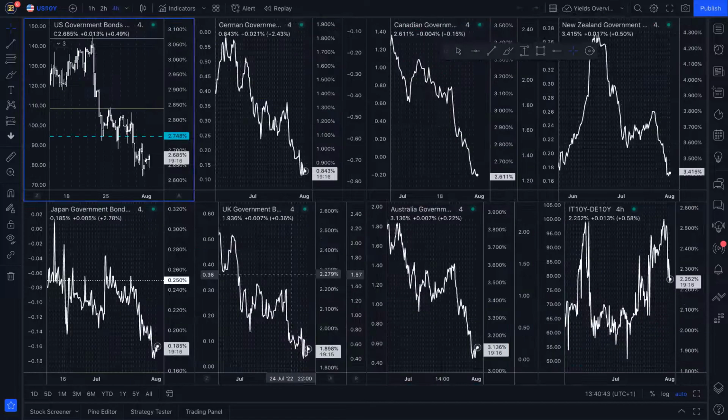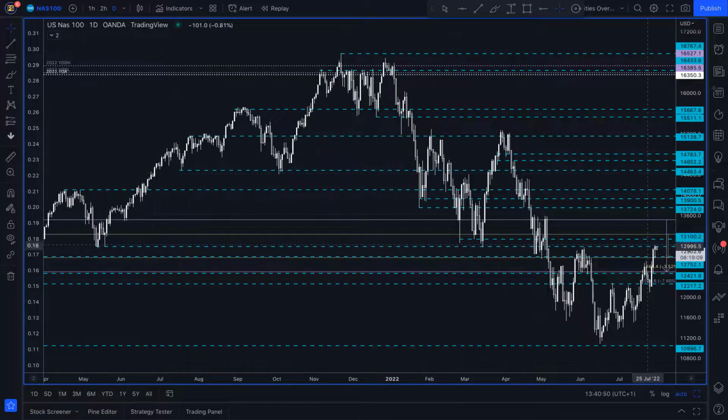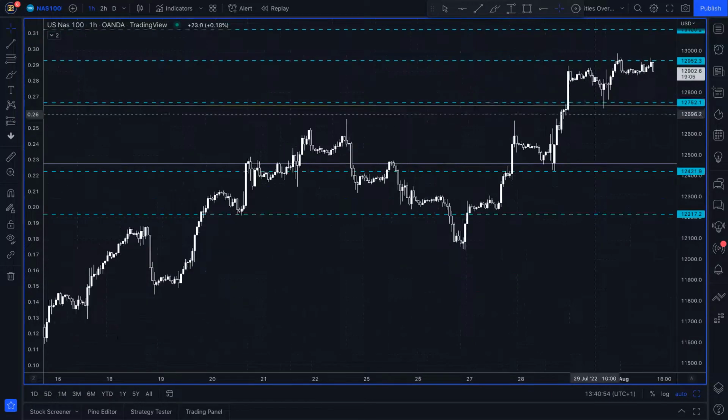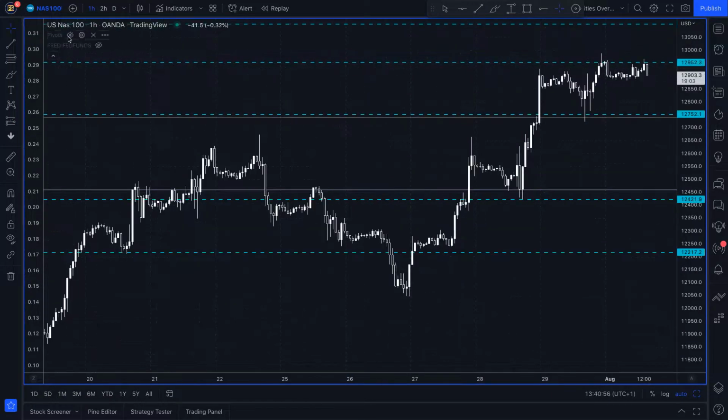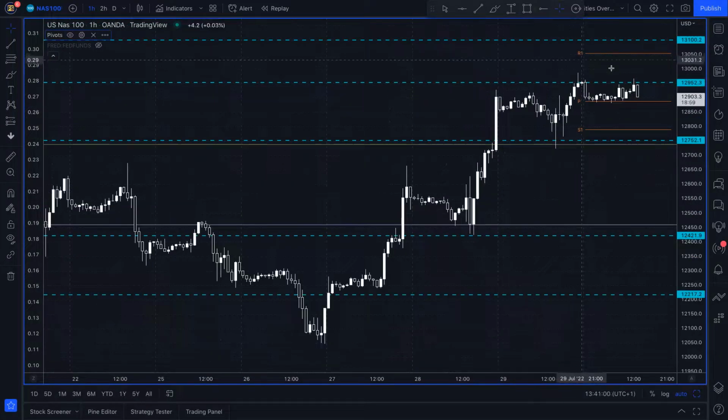The other opportunity would be looking at the S&P 500 and Nasdaq, looking at taking profit at a key pivot point. So for instance, in the Nasdaq, if we put a pivot point in, we'd be looking at taking profit just ahead of 13,050 region.